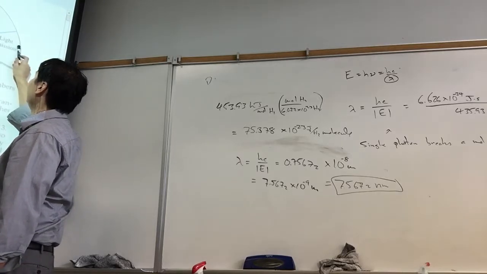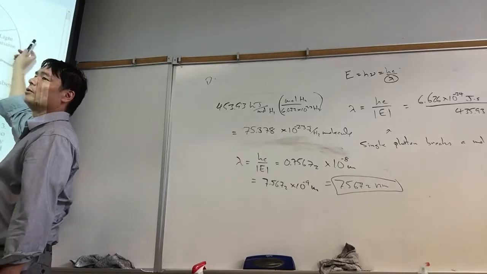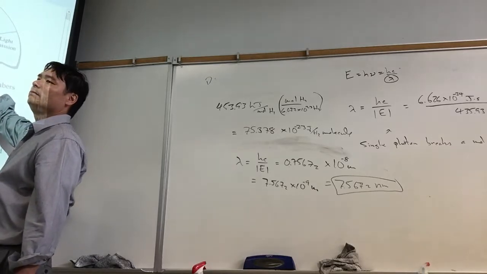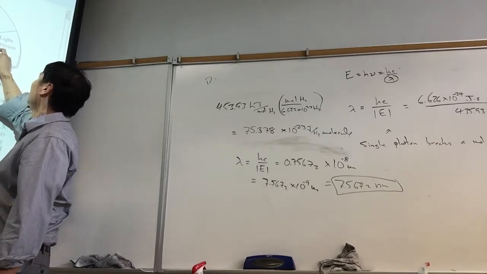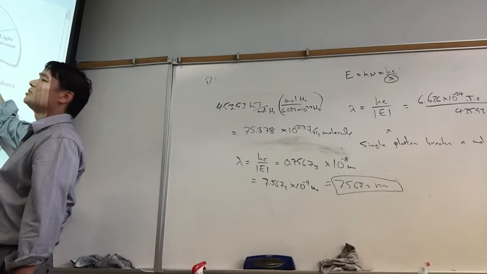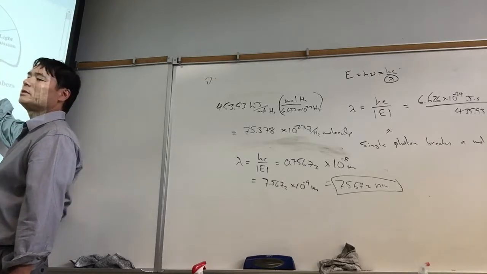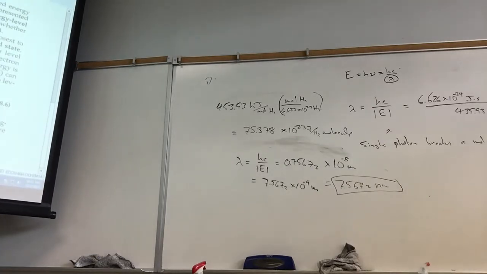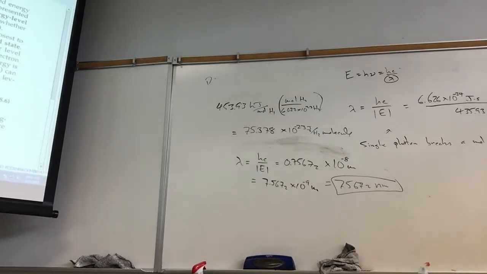If we go from 4 to 2, it emits blue. A 2 to 1 emits infrared, and let's say a 3 to 1 emits UV. And so we'll see lines in the infrared and the UV. This seems to look pretty good, except there's one major problem. What's the major problem with this model?